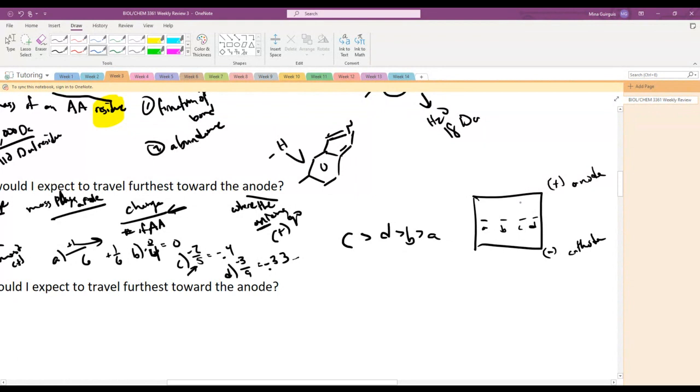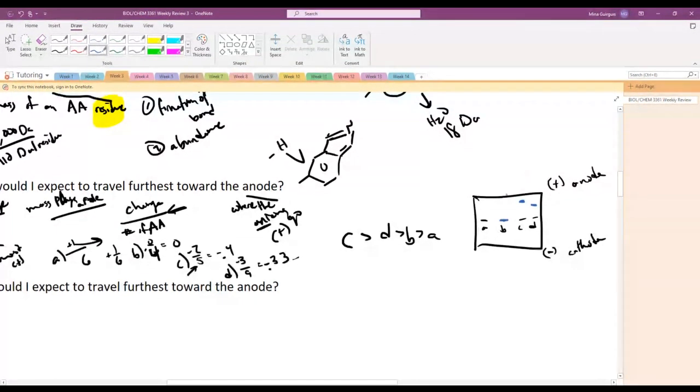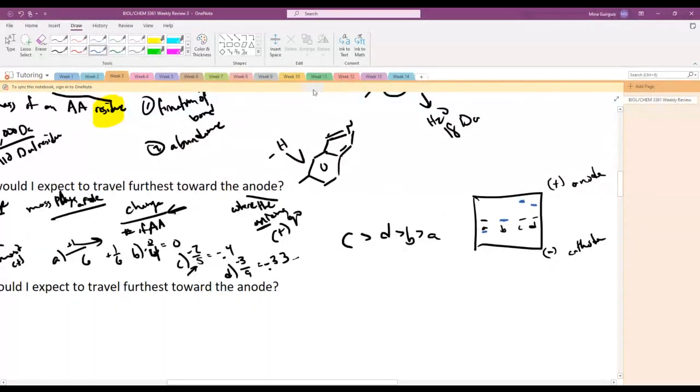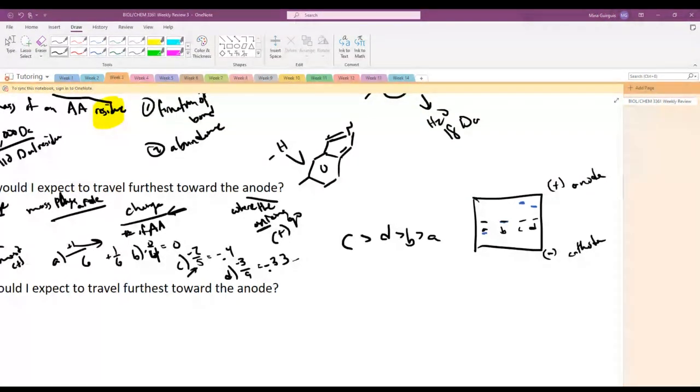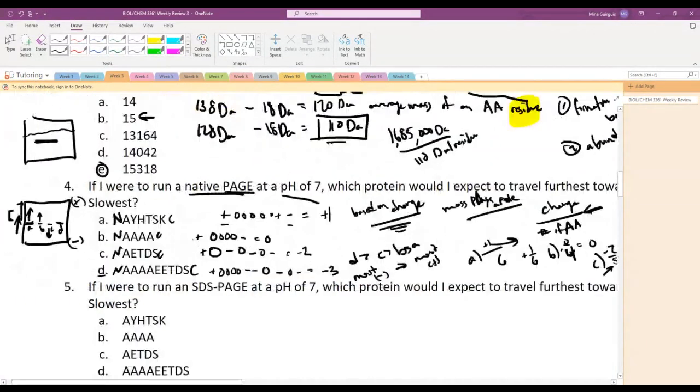So C could travel to here, D might travel to here, B could stay where it is, and then A might be somewhere over here. Okay, does that make sense? Why it's not just D, C, B, A, in terms of why we're not just ranking by charge? And also, does anyone have any questions about that? If you do, feel free to stop me anytime, but I'm going to go to the next question.